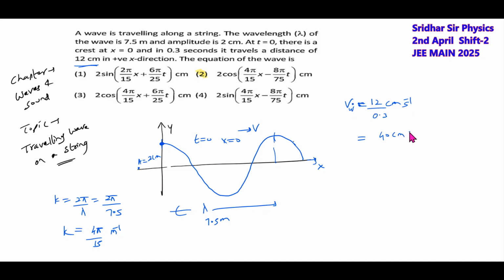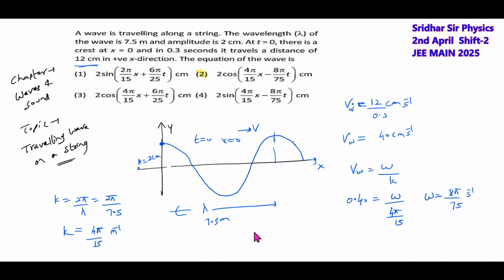We'll calculate the omega. Wave speed is defined as omega by k. Wave speed is 40, omega we don't know. The k value is 4 pi by 1500 per centimeter, so this will become 0.4. Solving this will get omega as 8 pi by 75 per second.